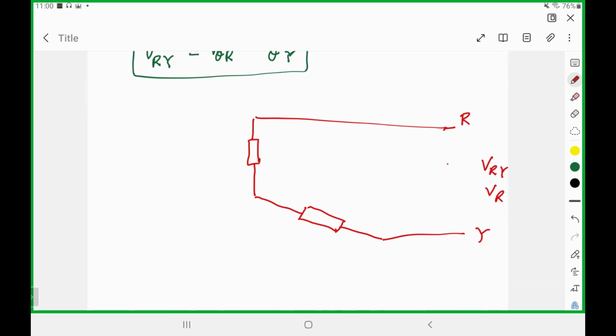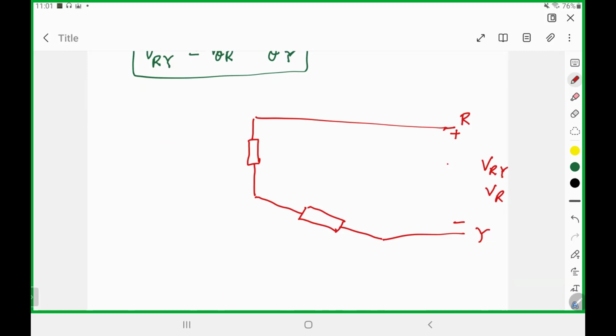Just to make it clear, we are taking one half cycle. During any half cycle, polarity remains the same. So we can consider the positive half cycle. In that positive half cycle, I might have the positive terminal here and the negative terminal here.